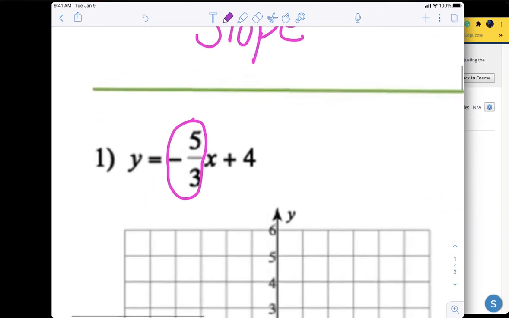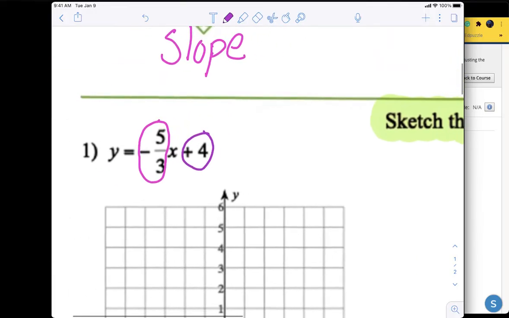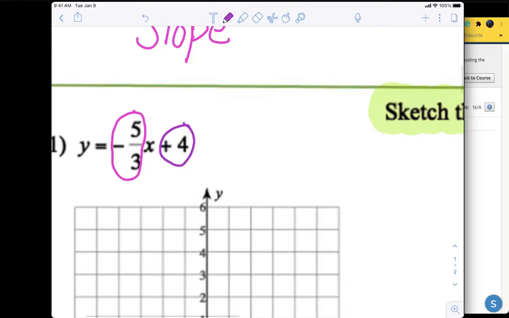At the end of this equation is a positive 4. So we're going to identify b first. B is equal to positive 4. And our slope, or m, is equal to negative 5 over 3.